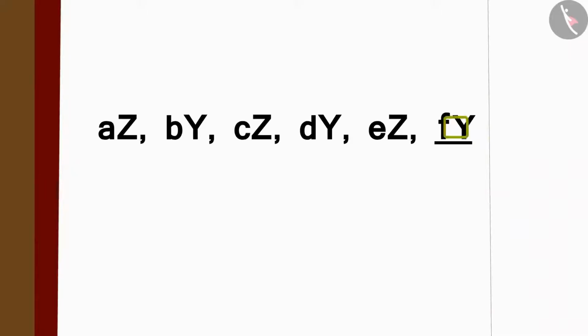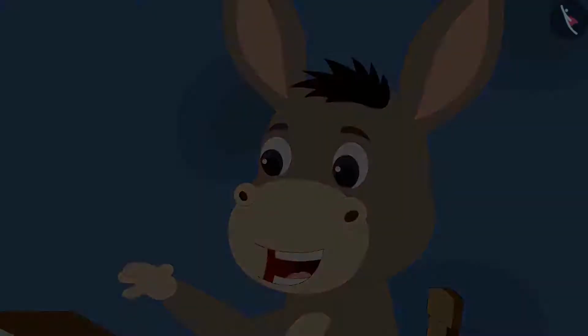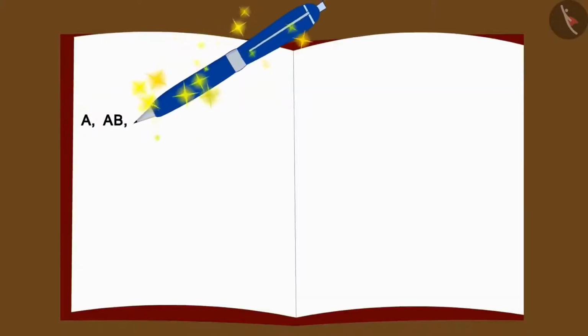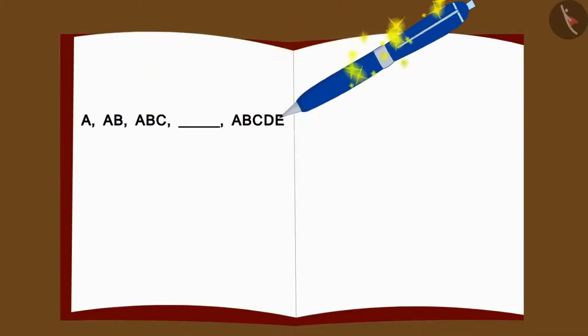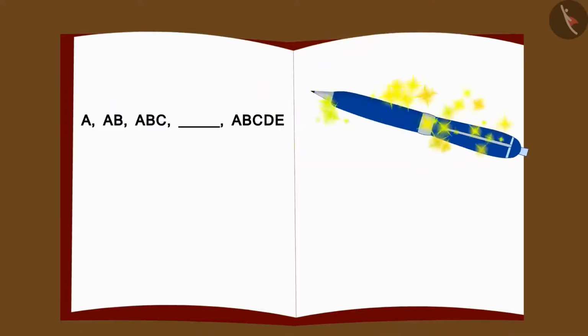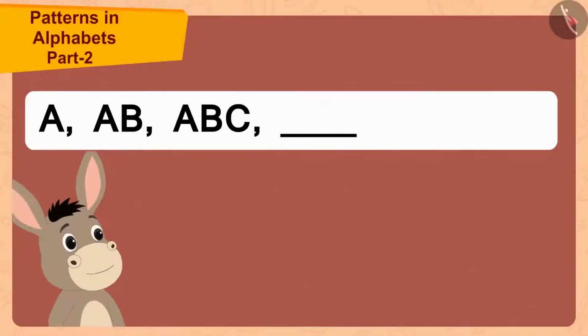As Bhola filled in the blank of the pattern, all the letters became toffees. Bhola got excited. Now, once again, the magical pen started writing itself. This time, the pen has written such a pattern.